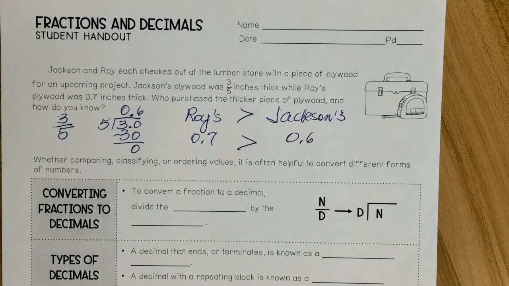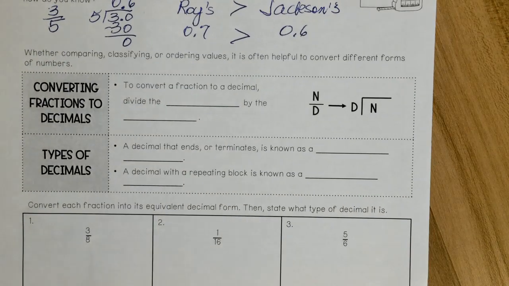Okay, now that goes right into what we're doing today, converting your fractions to decimals and decimals to fractions. And for a lot of you, this is review, right? This is not new material. But there may be some pieces of it that are new, and that's perfectly fine, right?